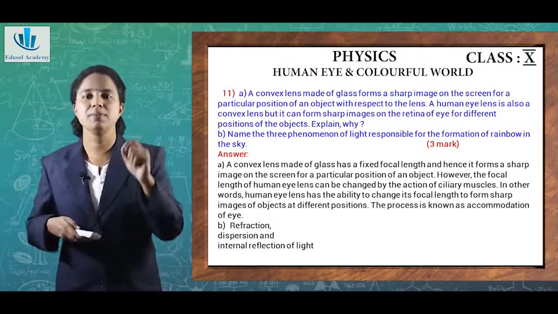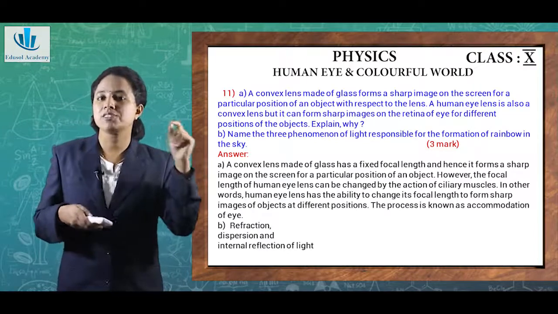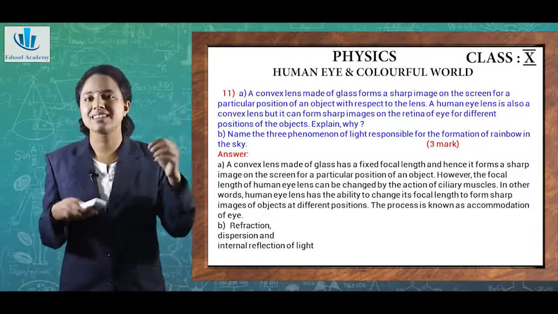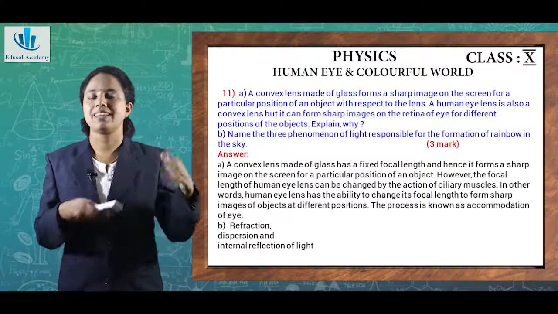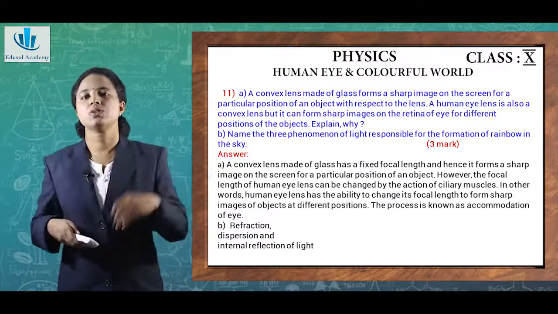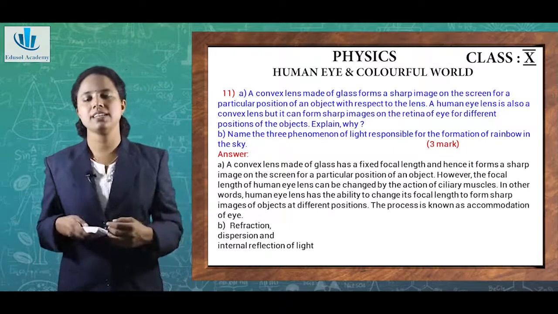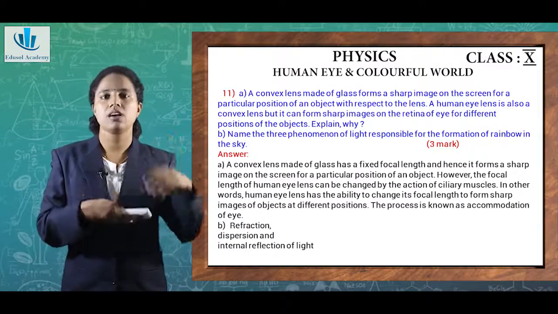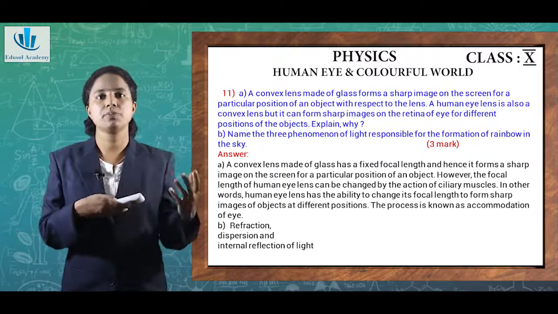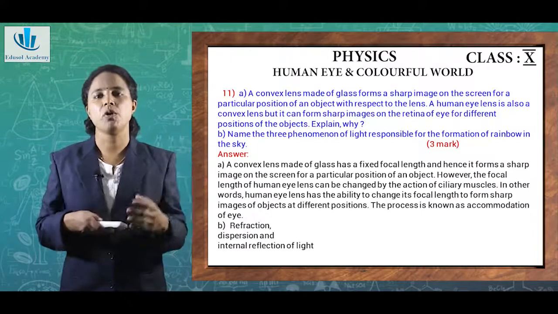Atmospheric refraction happens here because water droplets in our atmosphere act as tiny prisms and that's why refraction happens. So, dispersion, refraction and internal reflection of light together contribute to the formation of rainbow in the sky.